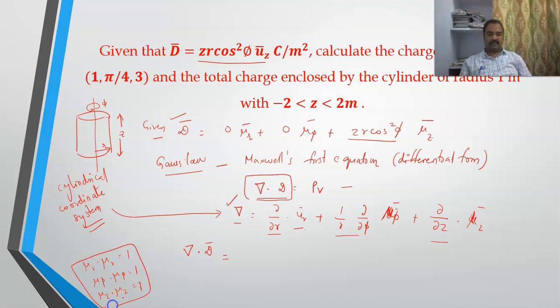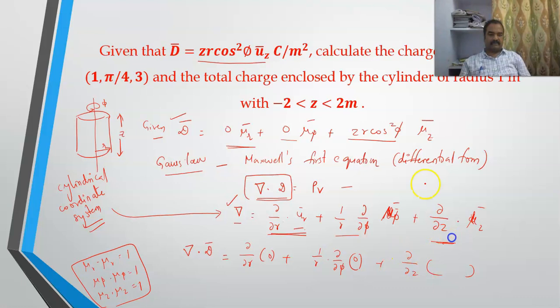So regarding r, I get dou by dou r of this, which is 0. Regarding phi, 1 by r dou by dou phi of the phi component is 0, and here it is dou by dou z of what is present here. Divergence of a vector basically gives a scalar itself.